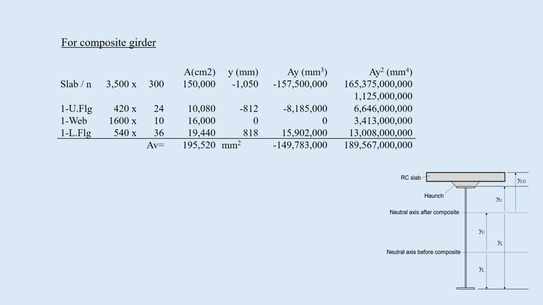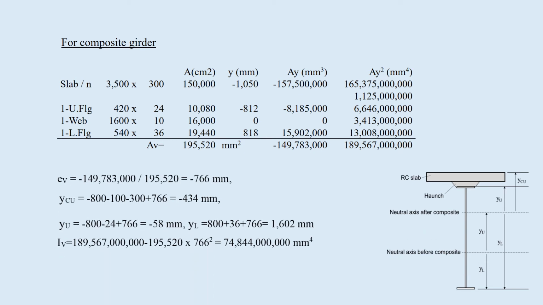Sectional properties of the composite section, which consists of the slab, upper flange, web, and the lower flange. The concrete section is replaced by the steel. Therefore, cross-sectional area A must be divided by n of 7. The section is not symmetric, so we have to find the position of the neutral axis.